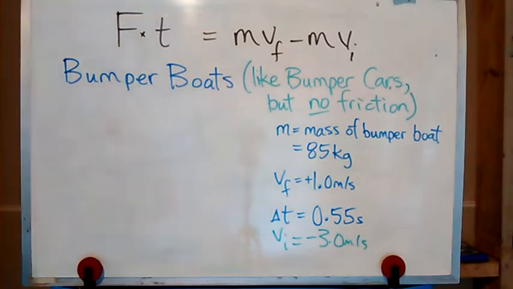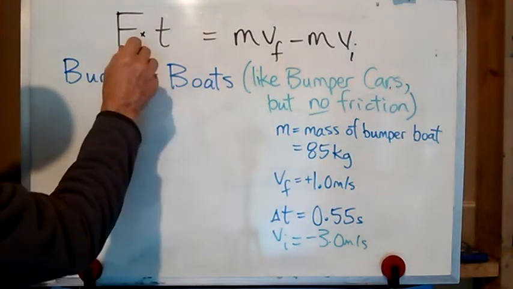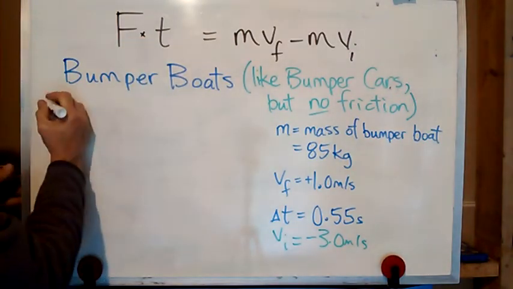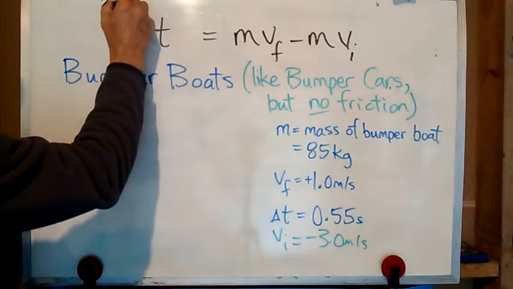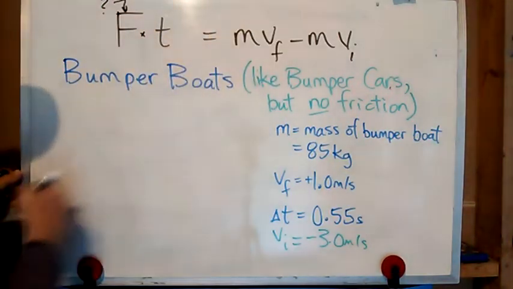So writing up the information in the equation, impulse is equal to change in momentum, it would look like this. We're trying to find the force, so we don't know that thing. But we've got all the other bits of information.